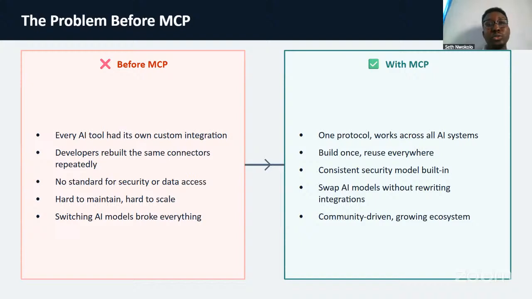Micro USB looks this way, that one looks that way, and each only works on that specific phone model. But fast forward to now, the standard is USB-C. With USB-C, your Infinix can connect to a Samsung and vice versa. You don't need to change anything else. Just use the USB-C. So that's what MCP is. Just imagine it to be that USB-C layer.